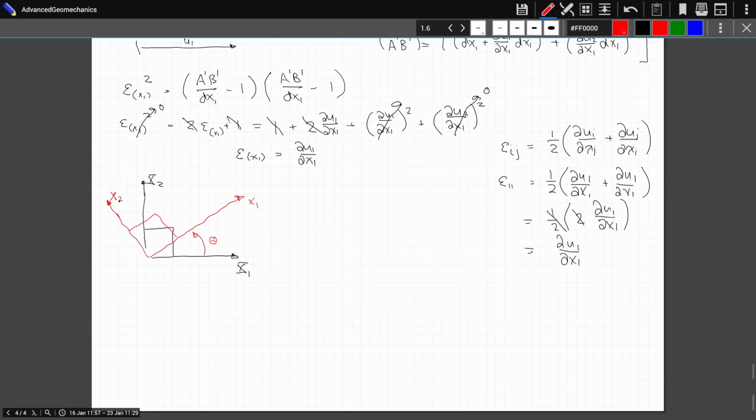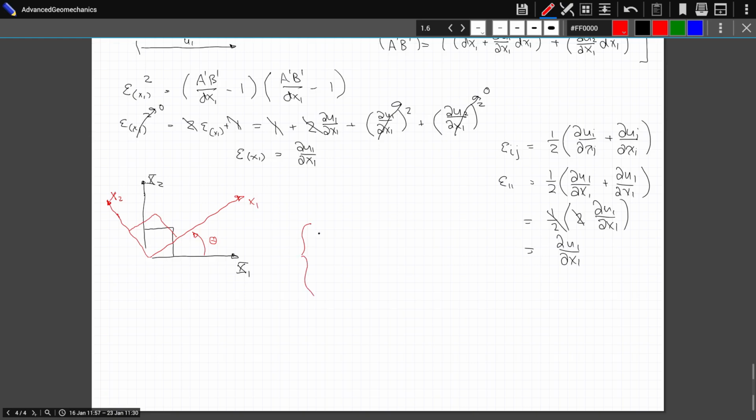Little x3 and big X3 share the same axis out of the board, right? So we're going to write down what these vectors x1 and x2 are in terms of the big X components, right? So we're just going to take the sines and cosines with respect to the angle theta, right?